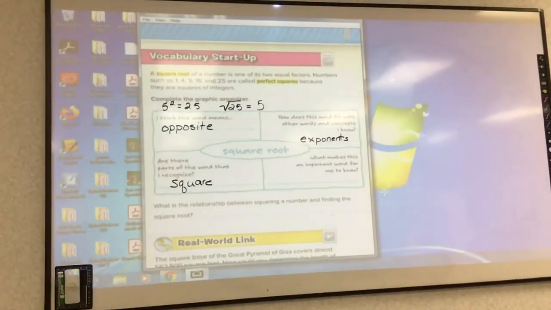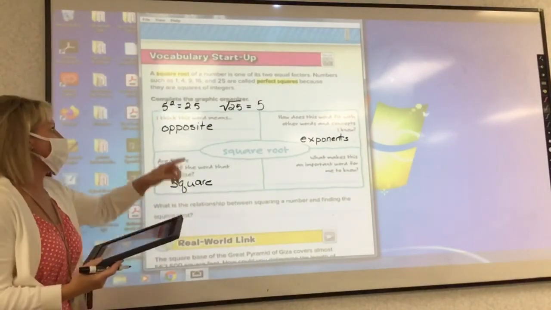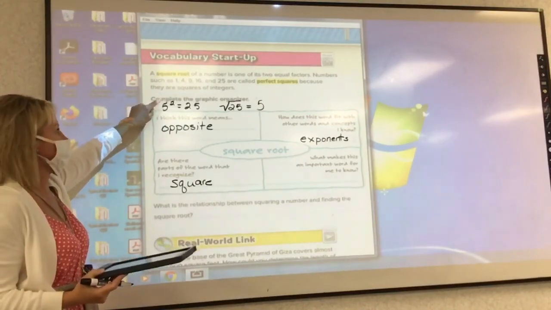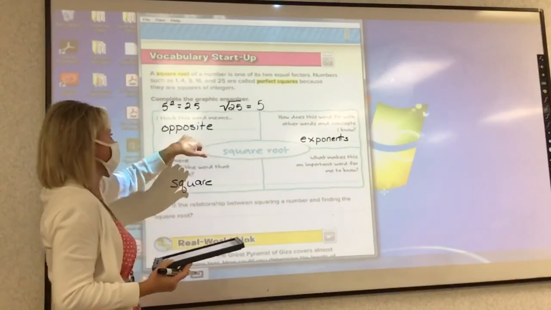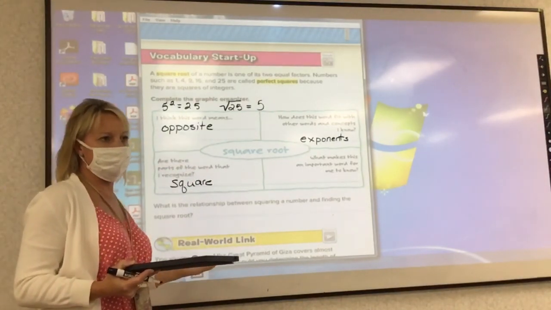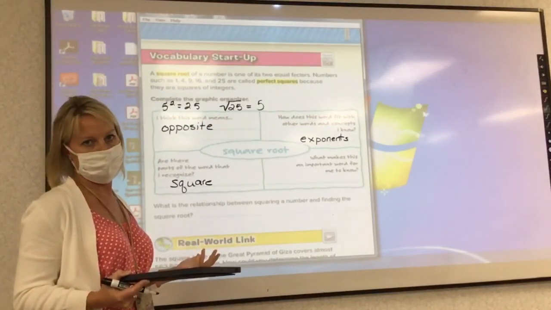And then on the bottom right, it says, what makes this an important word for me to know? And that's good. Then we're going to go back up to this. If I have 5 squared equals 25, the square root of 25 equals 5, we said it's the opposite, right? If you do the opposite of something, you undo it.